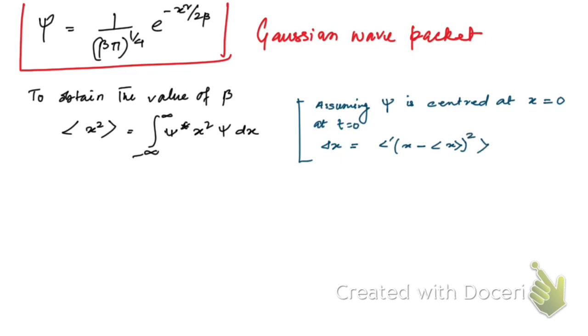The expectation value of this term is the width of this wave packet, right?